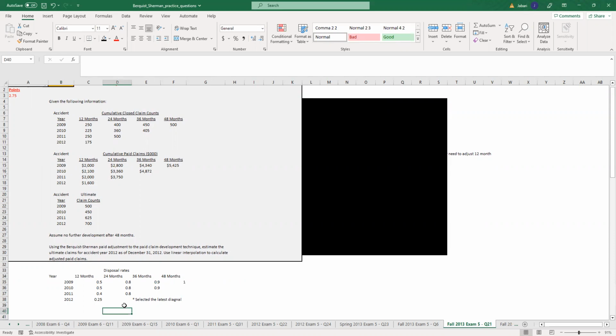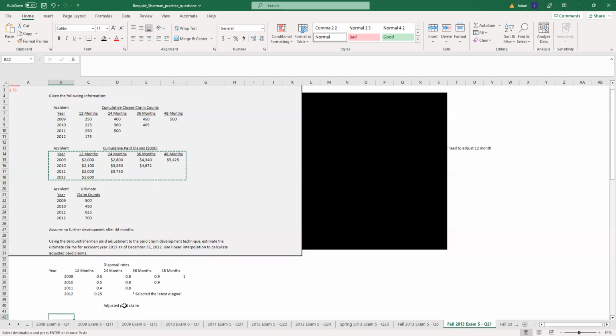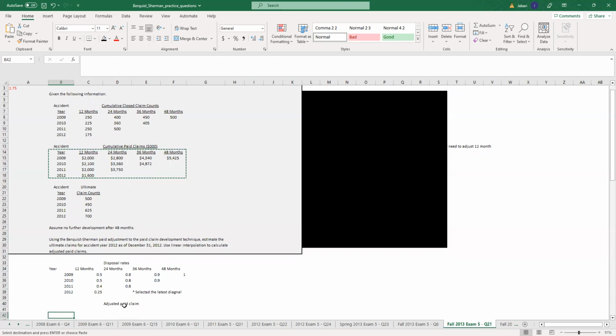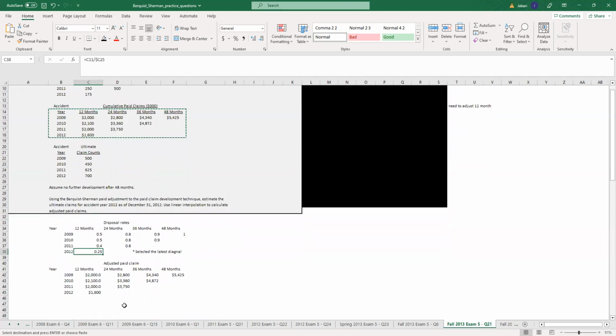So the next step is to calculate that adjusted paid claim. Once we have the disposal rates, we need to see if the paids are going up or down depending on the disposal rates. Typically, if the disposal rate is higher than the selected, so here we have 0.25 is selected, 0.5 is our actual disposal rate for 2009 at the 12-month period.